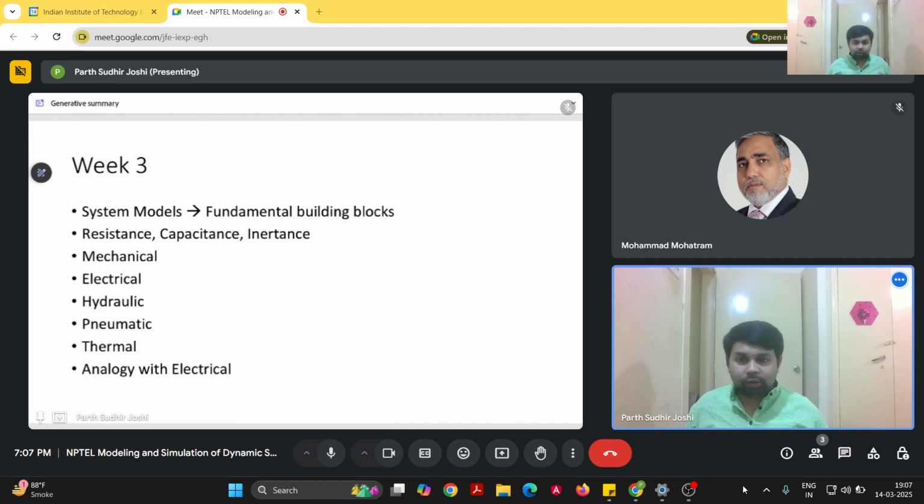Similarly, we define hydraulic resistance, hydraulic capacitance, and hydraulic inertance, and similarly for pneumatic systems as well. In the case of thermal systems, we have only two building blocks, thermal resistance and thermal capacitance. We do not define a thermal inertance as such. So this was the gist of the content for this week.